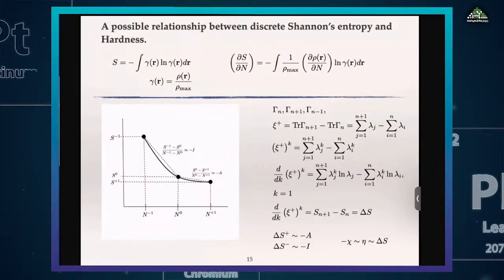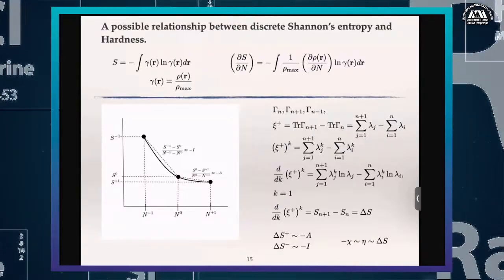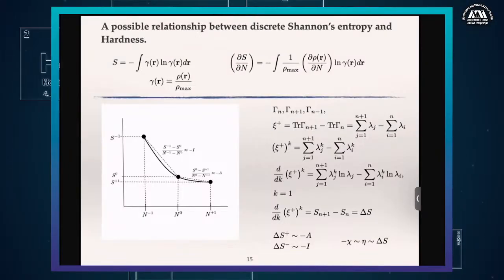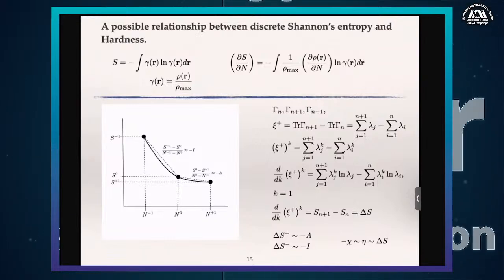We have the difference between these two population analyses.